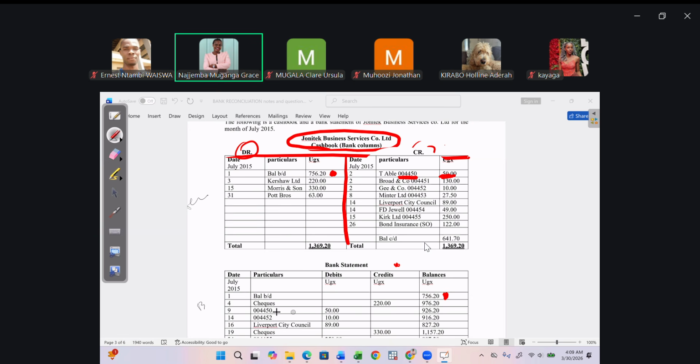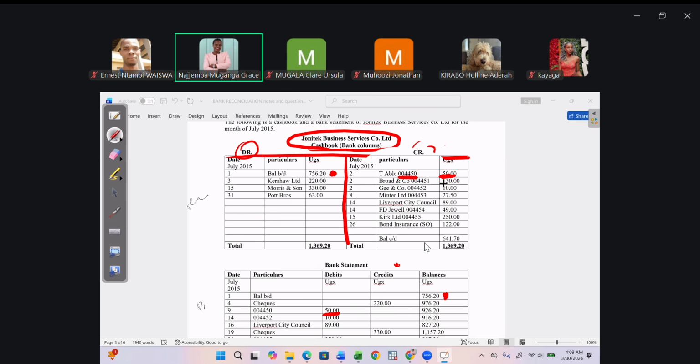When you move to the bank, you look out for that check number 004450 over here, 50. Before we tick, we need to check, is it the right amount? It could be the same check number, but in the bank statement you have 50, whereas in your cash book you have 500. So before we tick, we need to find out, is it the right or similar amount? The same check number should have the same amount, both in the cash book and the bank statement.